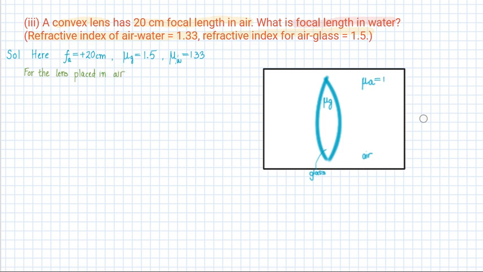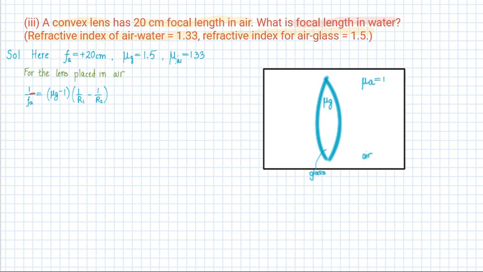For the lens placed in air, I can use this formula: 1 upon f equals refractive index of glass minus 1, times 1 upon R1 minus 1 upon R2. This is the focal length when it is placed in air. Fine. Now look here.